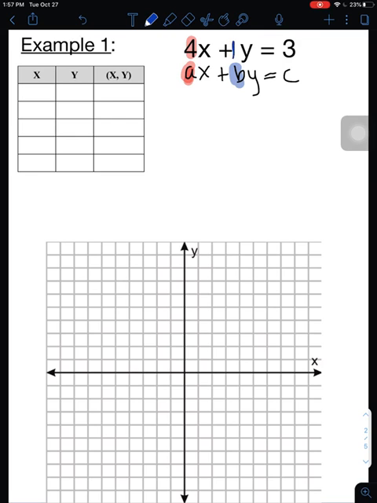So remember, if we don't have a number in front of the variable, it means it's an invisible 1. And my c is 3. All right, so that's how the standard form comes about.